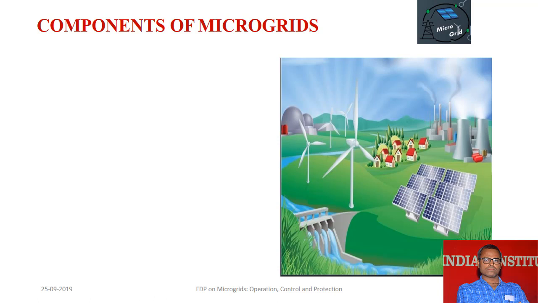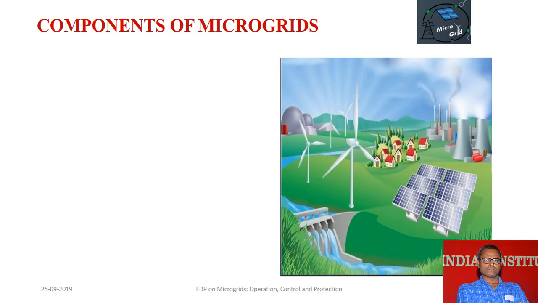What are the components? Already we have seen there are three components: generator, load, and the third component is the energy storage device. It is essential because the energy storage device maintains the stability in the system. Without that it is very difficult. Even in the transmission power grid, they are putting big energy storages in order to maintain stability and reduce oscillation in the system.